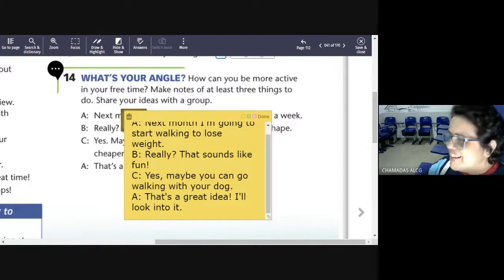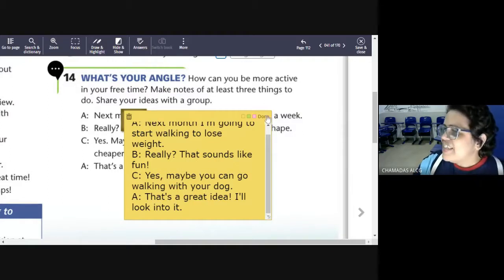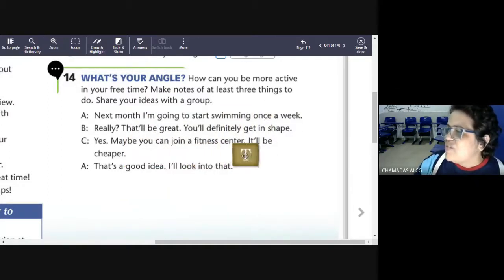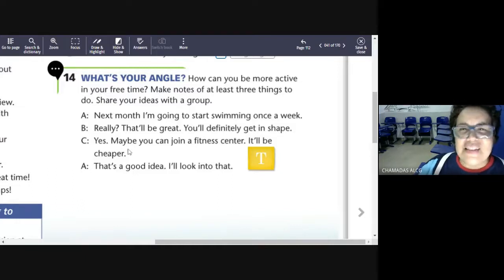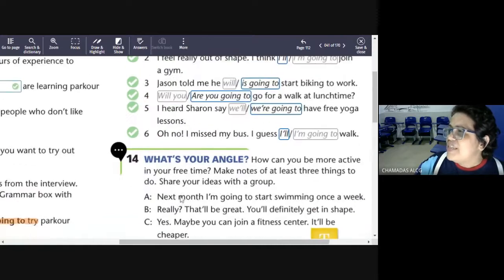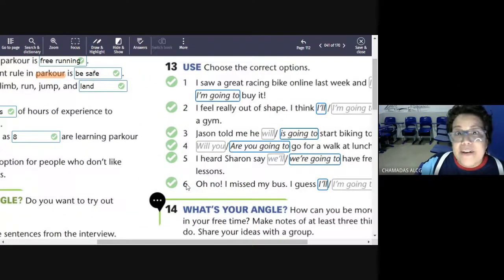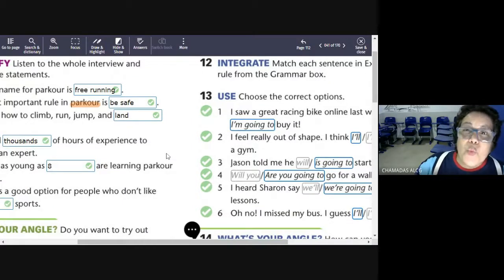Thank you. All right. You see, that's a nice idea, guys, to develop like a conversation for a project, maybe. You can create a dialogue using those lines. Okay, perfect. So this is the end of page 41, using going to and will.